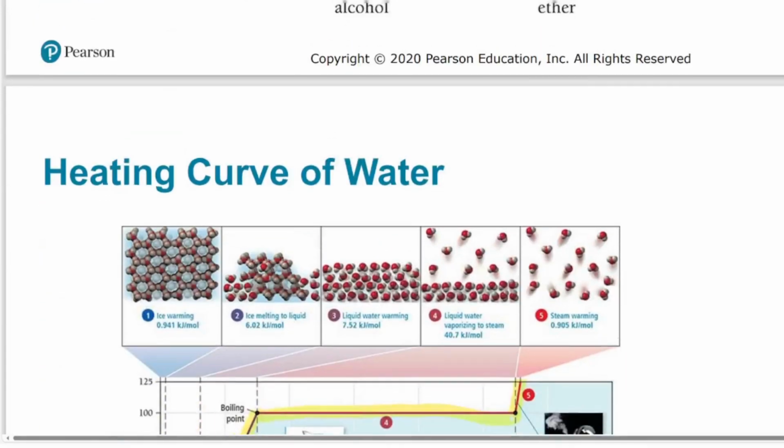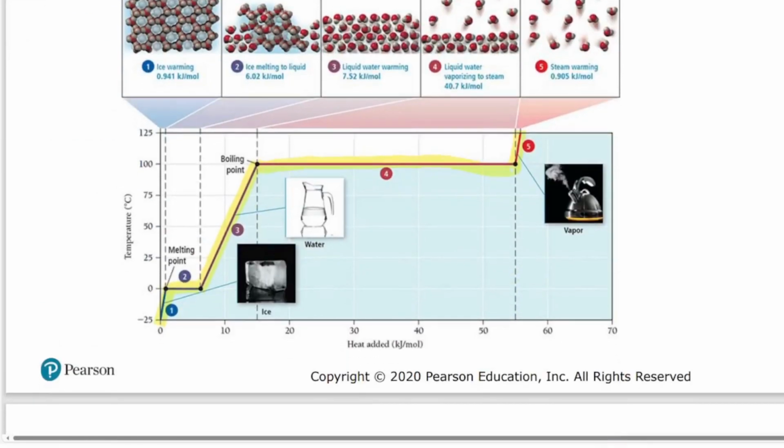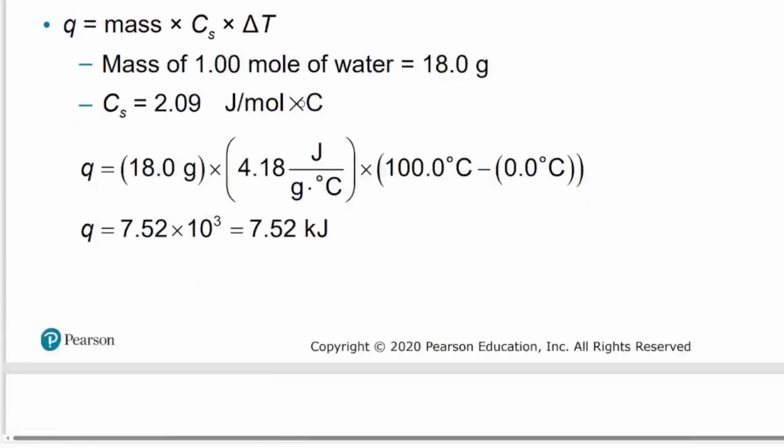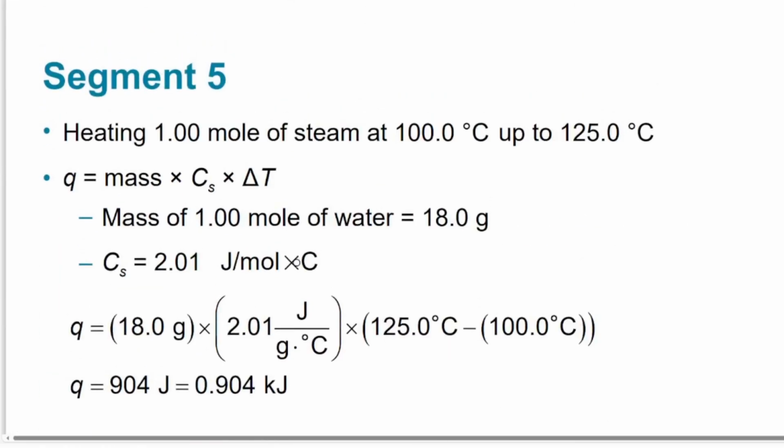In segment 5, we're heating steam, okay? So along this region, notice that our temperature is increasing. So for segment 5, we have heating 1 mole of steam at 100 degrees C up to 125. Again, we have the Q is equal to mc sub s delta T equation because notice that T is changing.